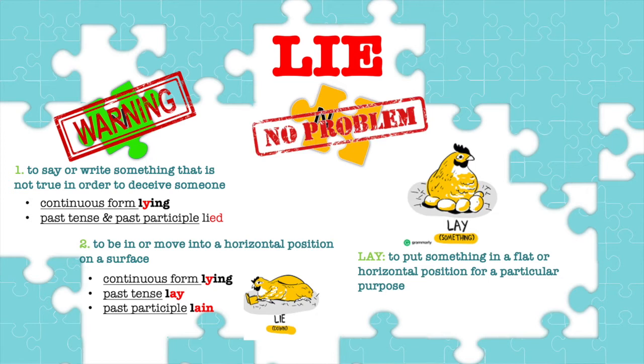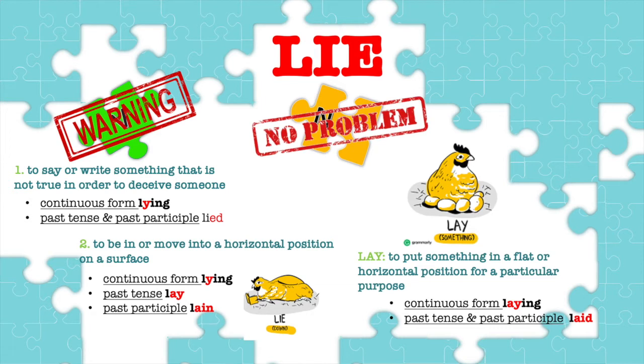For example, I'm going to go now and lay the table, which means put all the different plates and glasses and cutlery on the table so that people can eat. Or we can also say that chickens lay eggs. And so in this case, the continuous form is laying, L-A-Y-I-N-G, and this verb, the verb lay, is irregular, and the past tense and past participle forms are laid, L-A-I-D.